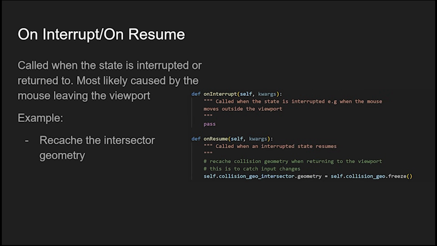So for example, all we want to do is just recache the input geometry so the geometry intersector can read the correct collision. We have to do this in onResume, so if someone leaves the viewport and changes their input mesh, then we can check and recache that geometry, so we always will have the correct geometry being used as collision.